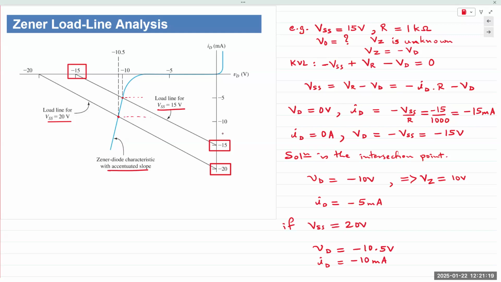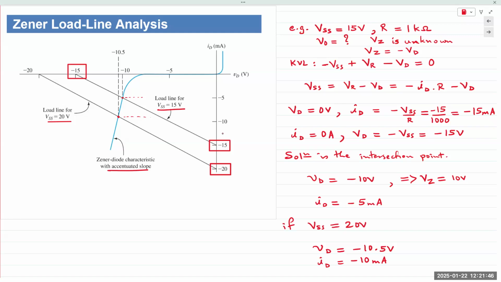All right, let's take a pause. Let me know if you have any questions. Do the steps make sense?